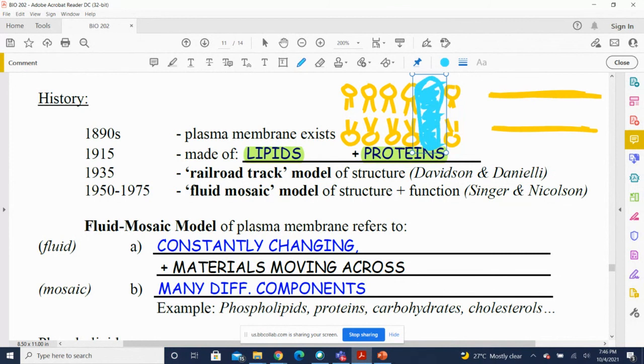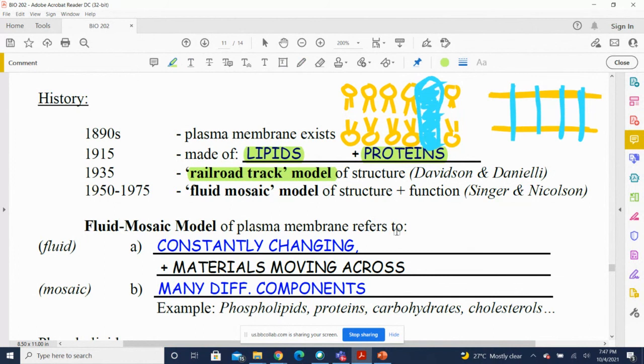Proteins really don't hold the plasma membrane together, but these wooden beams certainly would hold the railroad track together. But the biggest thing to notice is that already early on we had a fairly good understanding of what the cell membrane was made of.